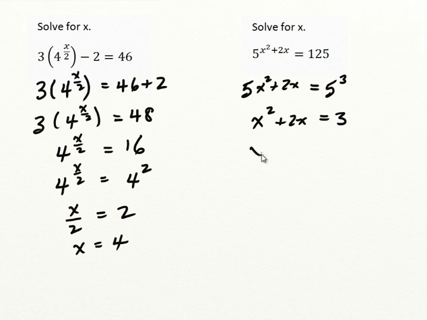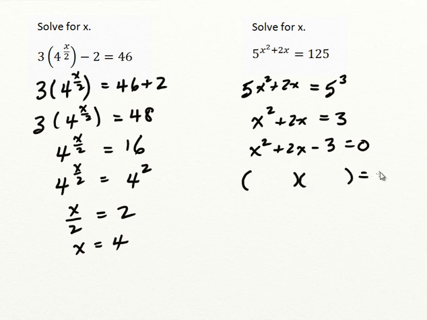We can just move everything over to the one side. So x squared plus 2x minus 3 equals 0. And then we'll go ahead and factor. I know that the factors of 3 are 3 and 1. So I'm going to have an x and a 3 and an x and a 1. 1 is going to be positive, 1 is going to be negative because it's negative 3.